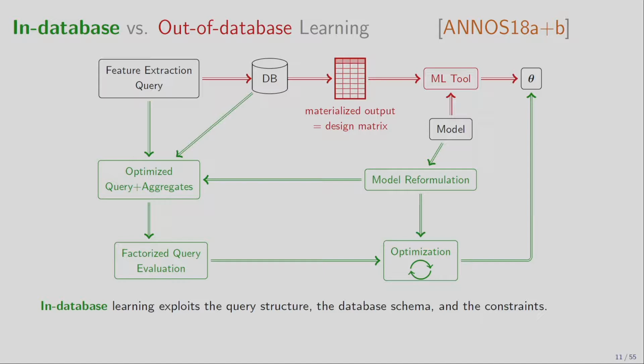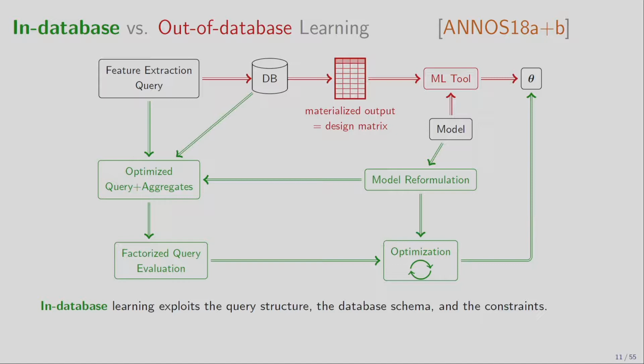And then another thing, which I will dig into in the next part of the course, is that from the model, we may be able to reformulate the model in a way so that we expose the data-dependent computation we need to do for training the model. And this data-dependent computation we will be able to capture as a batch of aggregates that we can evaluate over the original data. So we get these aggregates, which are given to us by the model reformulation.